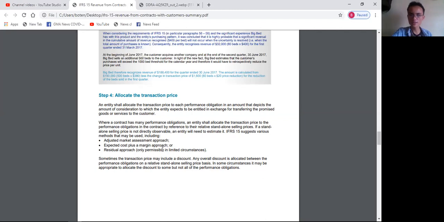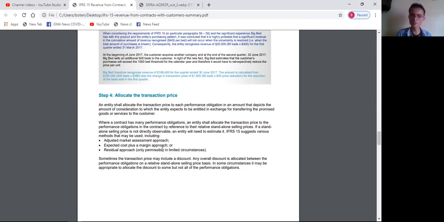As I said in the first session, there is a bundle if ever we have distinct goods and/or services in the same contract. And take note, the word is distinct, so they are significantly independent from each other.